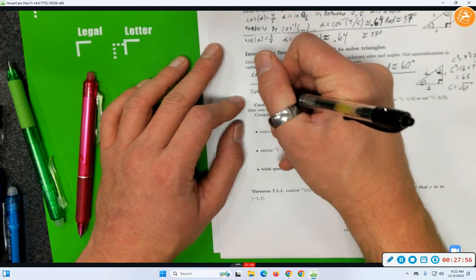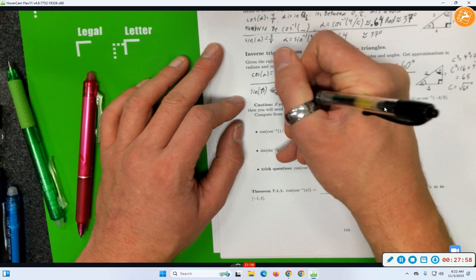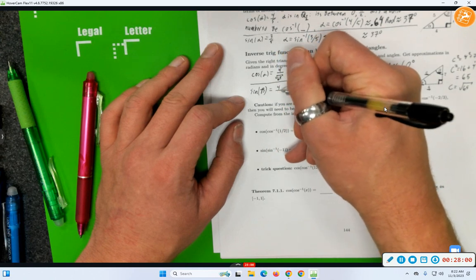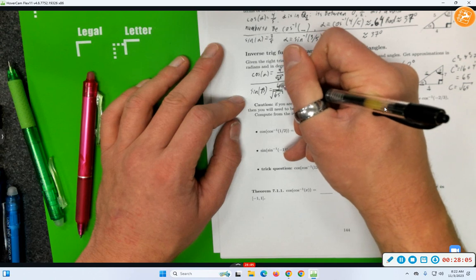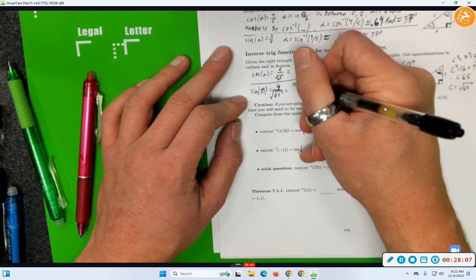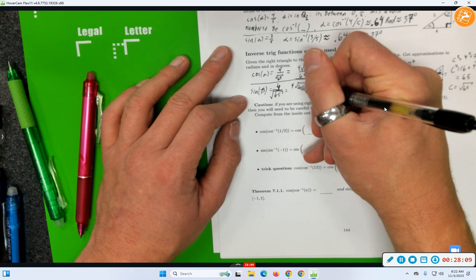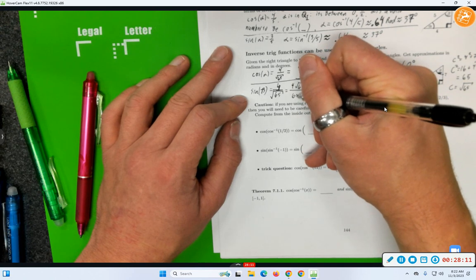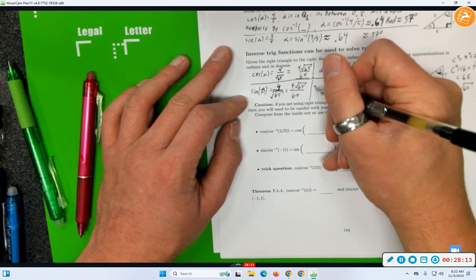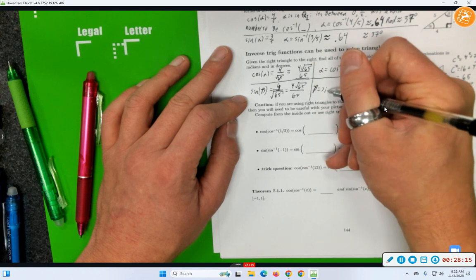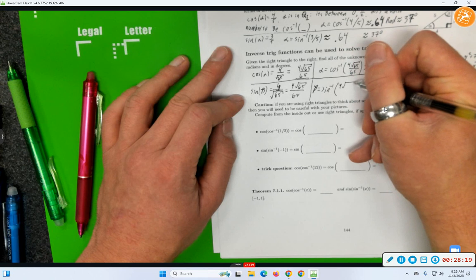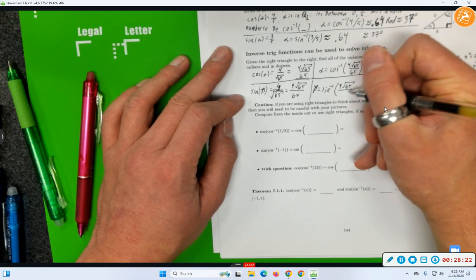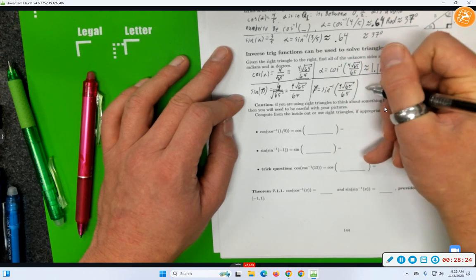So sine of beta is 4 over root 65, which again is 4 root 65 over 65. So that means beta is equal to the inverse sine, the arc sine, of 4 root 65 over 65.